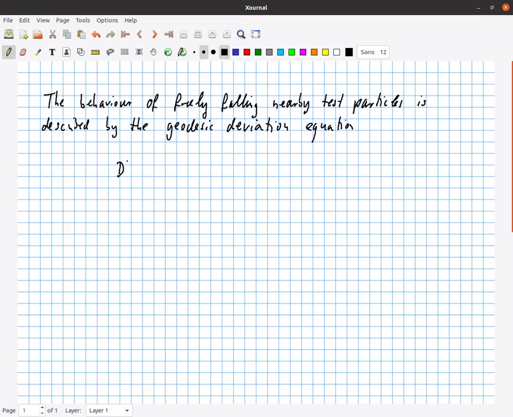Let's write this down. We introduce this notation capital D over capital D lambda squared.